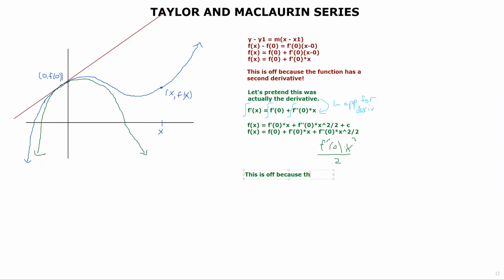All right, well, let's pop back one more level. Let's pretend that the original thing we did the linear approximation for was the second derivative, and this is now the first derivative.